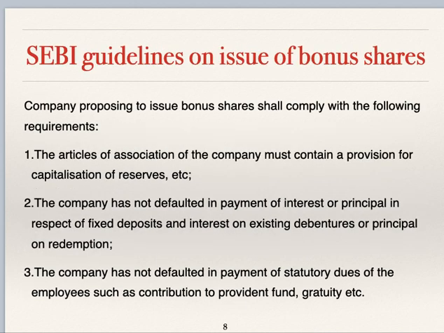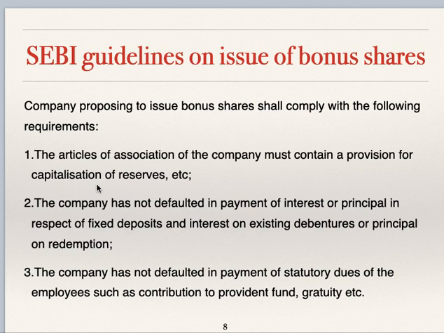Now we'll see SEBI guidelines on issue of bonus shares. They are similar to conditions which are given in Companies Act, which we have just now seen. Company proposing to issue bonus shares shall comply with following requirements. The articles of association of company must contain a provision for capitalization of reserve.